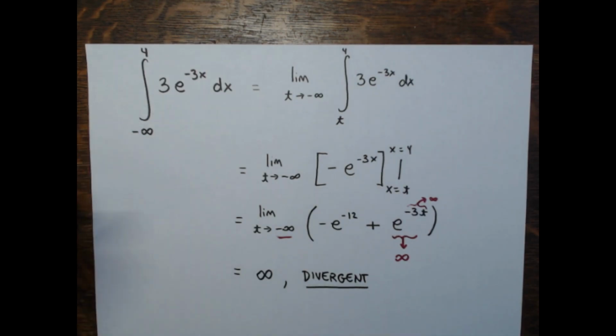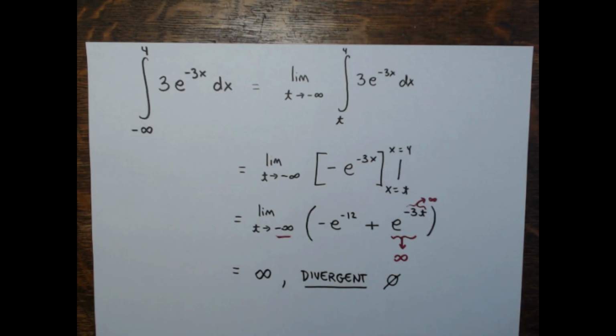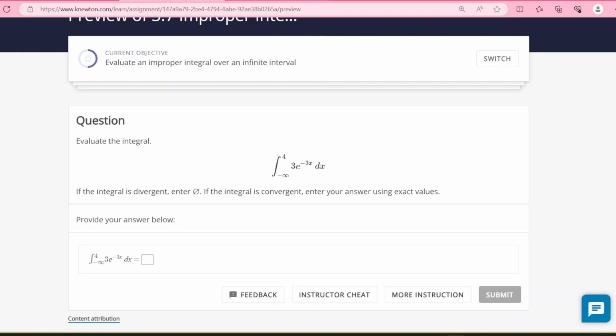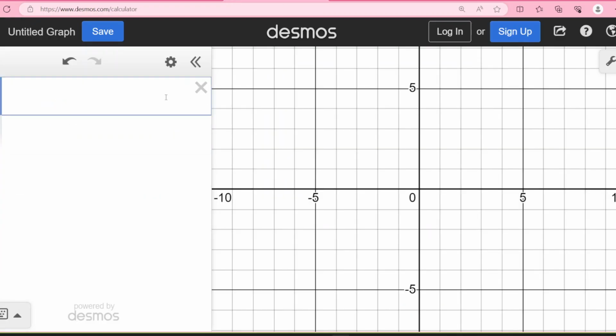All right, so when we go back to the assignment, I'm just going to enter that circle with the slash symbol they told us to enter. All right, now on the calculator, how are you going to suss out that you have a divergent integral here? Well, if I entered it with the infinity, just int for the integral symbol to come up, and then negative infinity for the bottom limit and 4 for the upper limit.